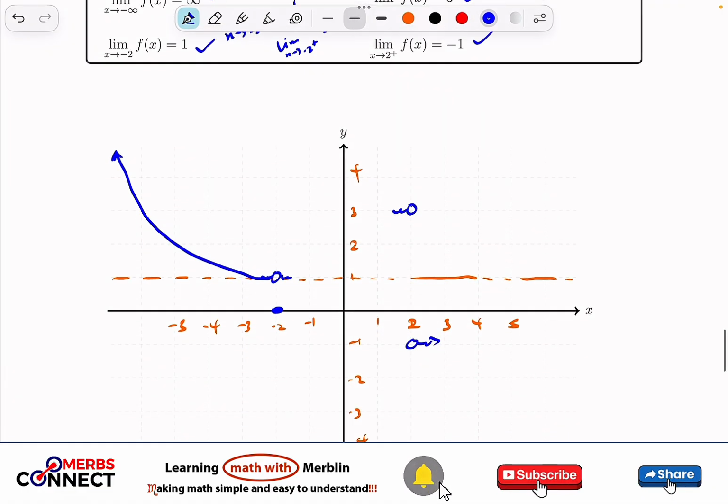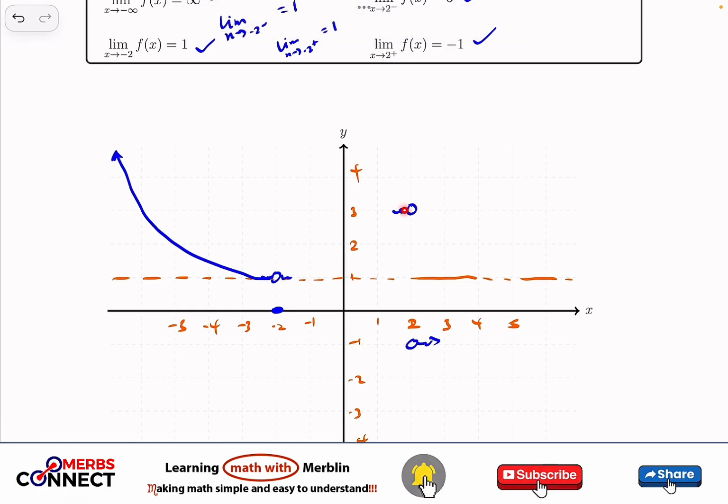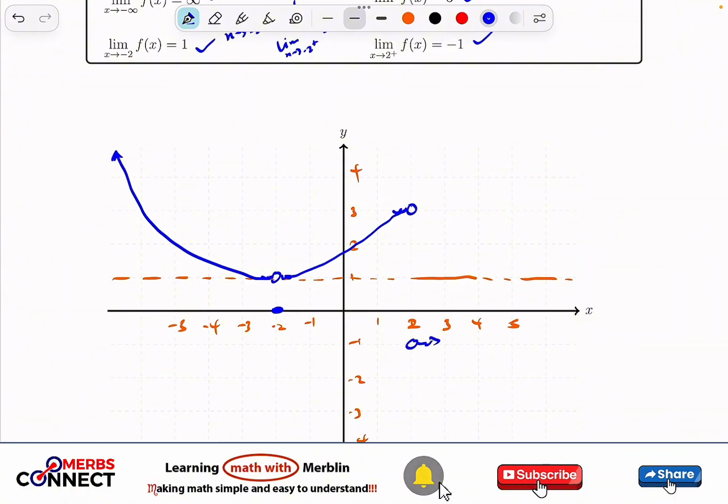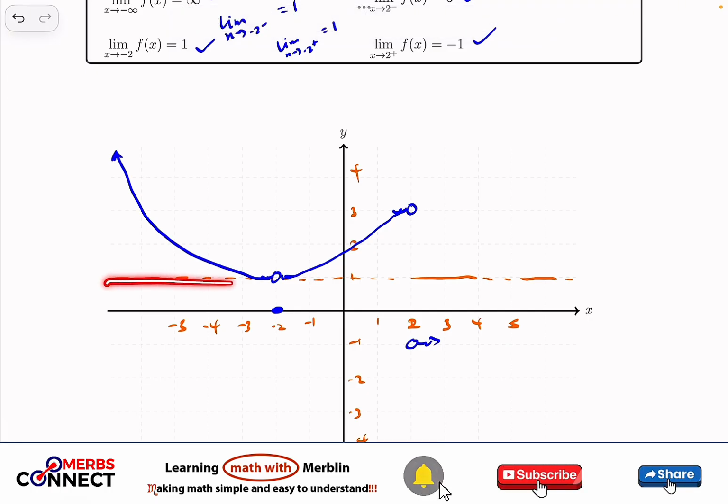So the rest is to join the graphs, right? Now you can see that I have one tail here moving to the right and another tail here moving to the left. So I can combine this graph together and have something like this. Good. And then I have one here moving to the right, but moving to the right, I need to go under this line here.